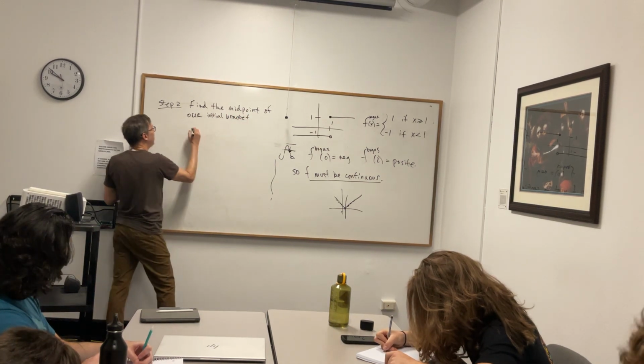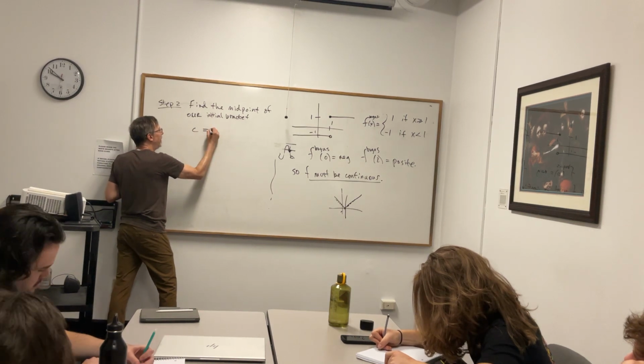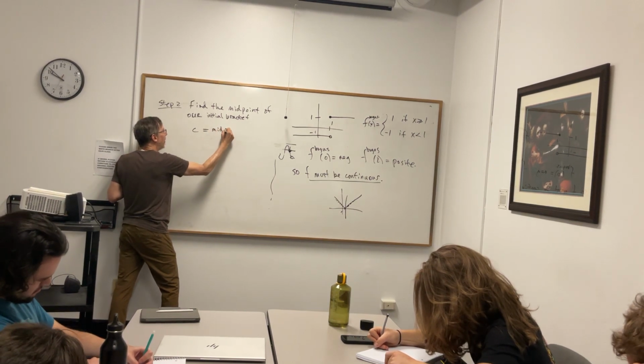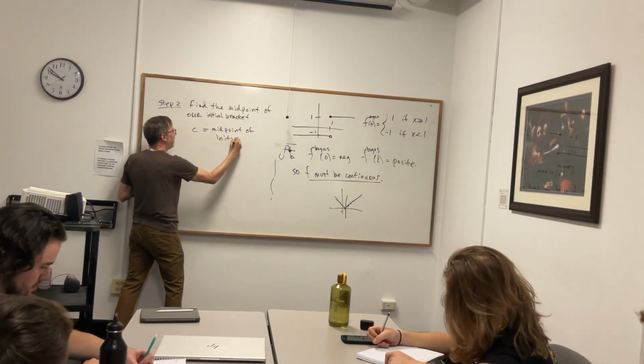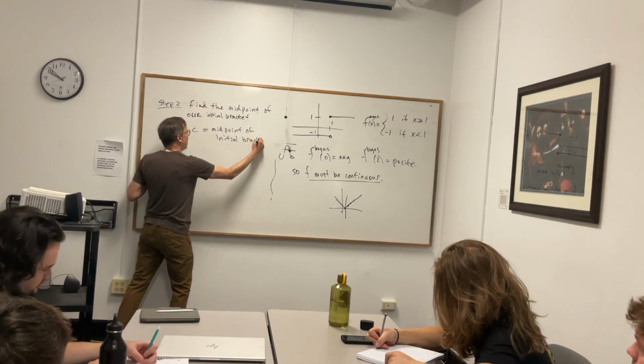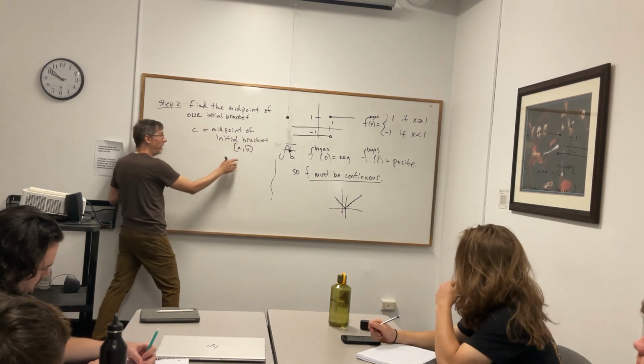And let's call that C. So C equals the midpoint of the initial bracket. Let's call it AB in general so that we can start getting this more generic.